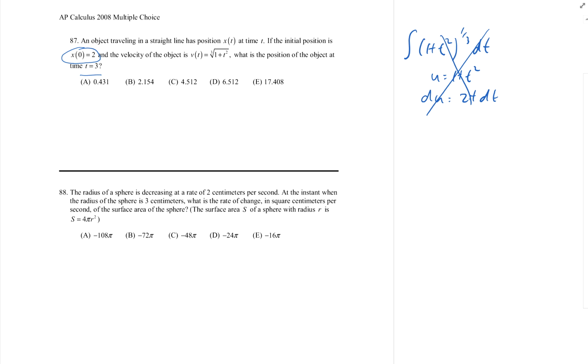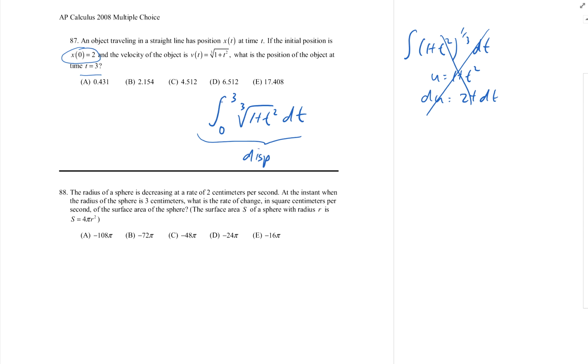How about this, though? We want the position at time t equals 3. Could you find this, though? What does this represent? That represents how far it traveled, the displacement.